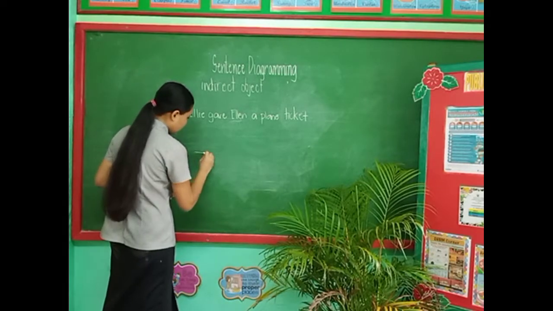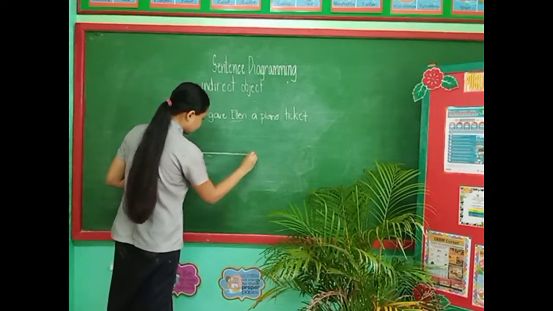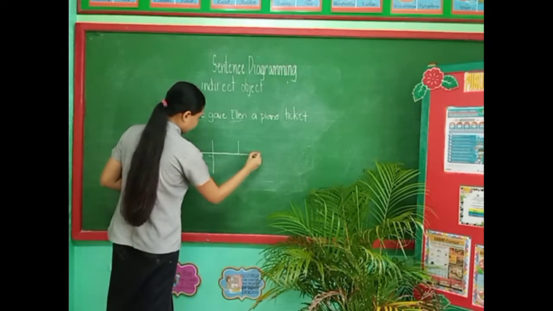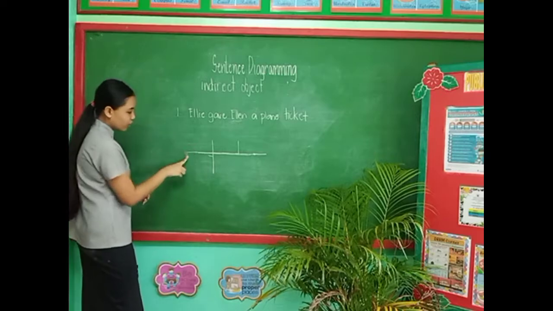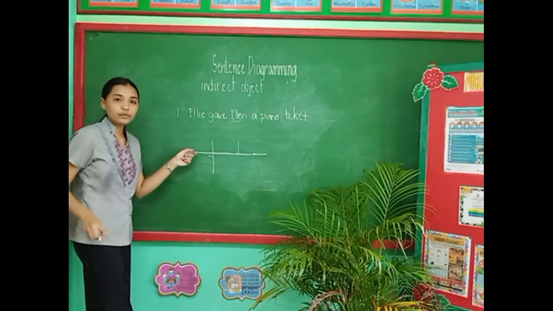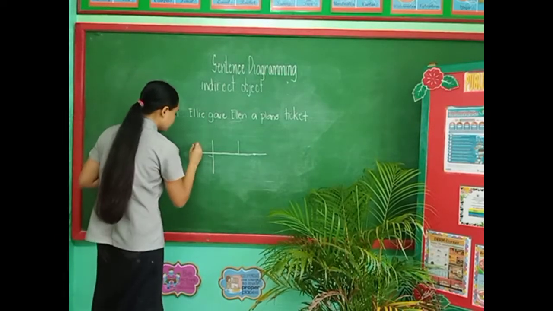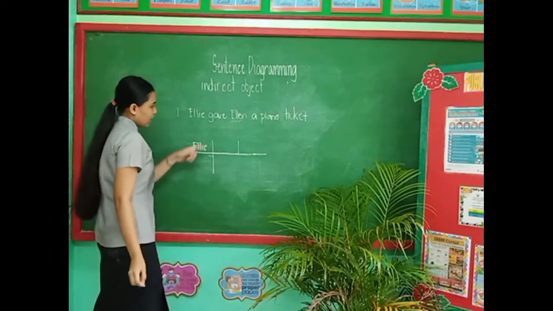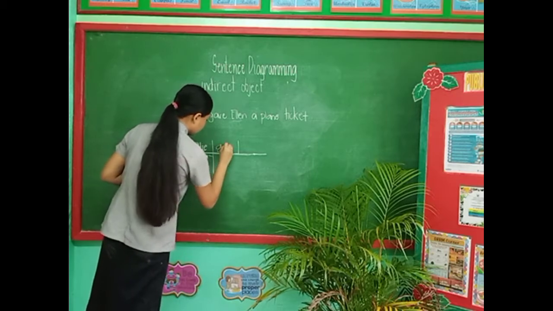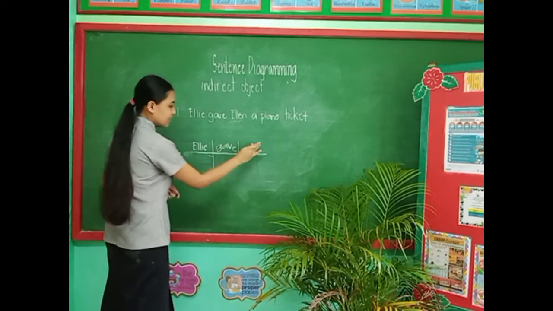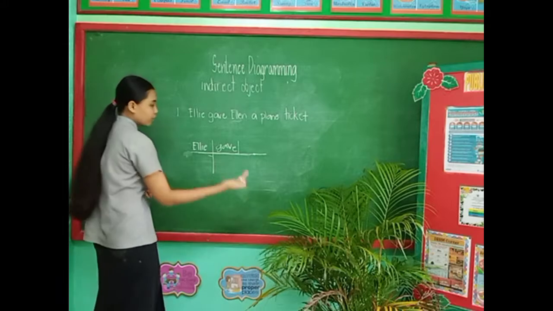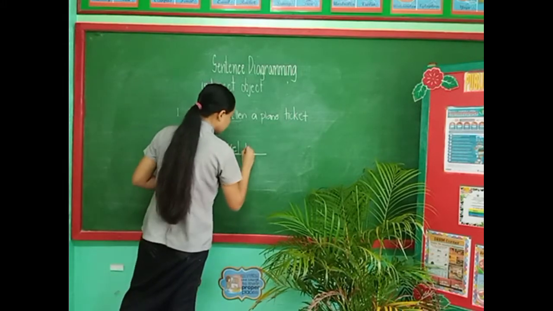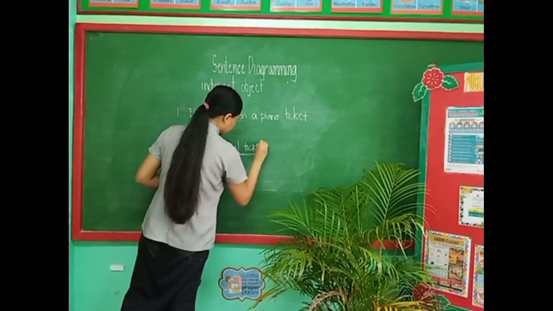First, draw a horizontal line again and a vertical line here. In this part, we are going to put our subject, and our subject is Ellie, and then gave. In the last part, we are going to write our direct object, and our direct object is ticket.